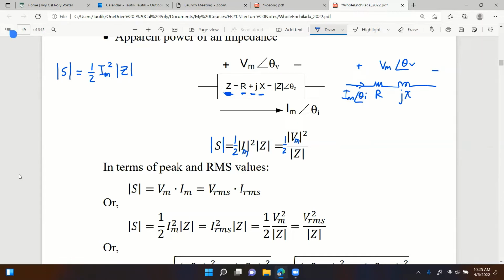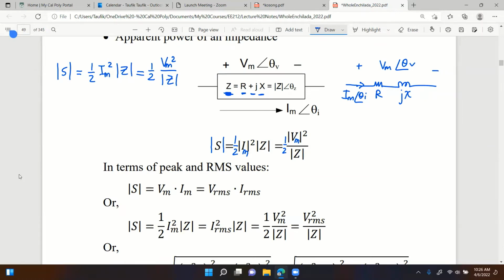That's the correct way of expressing apparent power using Im and Z: the peak value of the current and the magnitude of the impedance. If you'd like to use the voltage across both, you could. Then that's going to be 1/2 Vm squared over the magnitude of Z. Any question on that one? So please fix these mistakes.